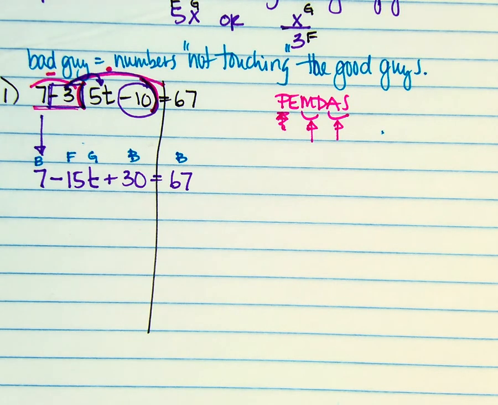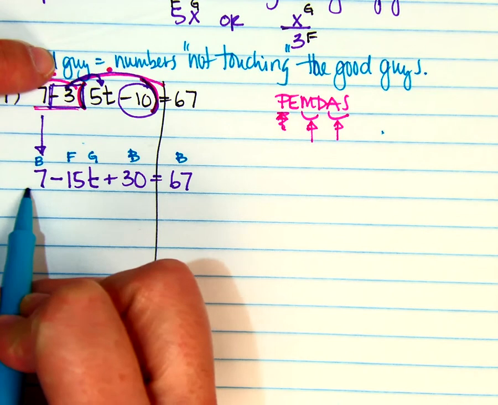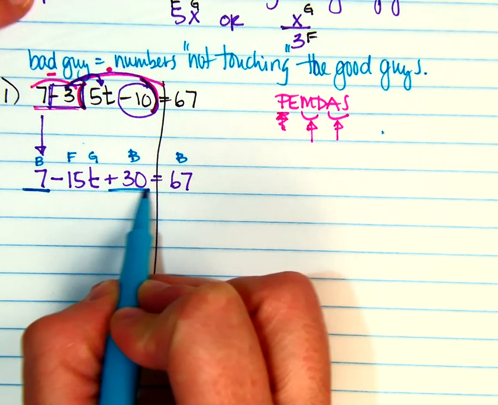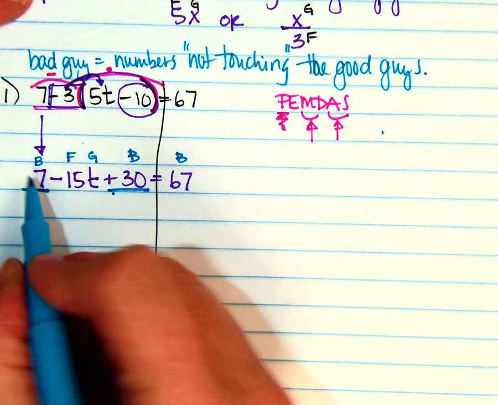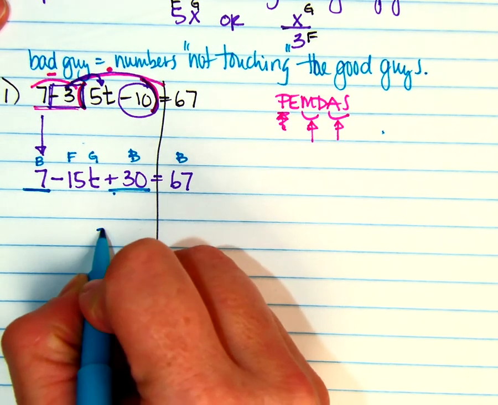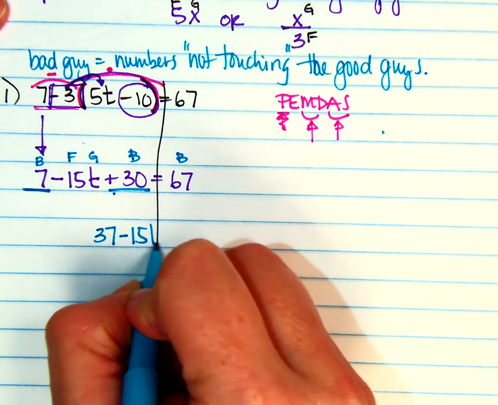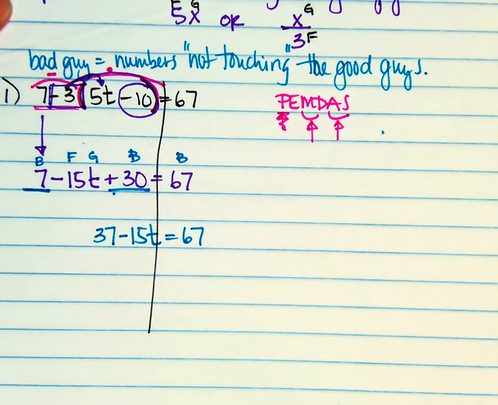I always try to move the bad guys first. So I have 7 bad guys on this side of the fence and a positive 30 bad guys on this side of the fence. I'm going to combine all of my bad guys and get 37 bad guys. Bring down my minus 15t and set that equal to 67.